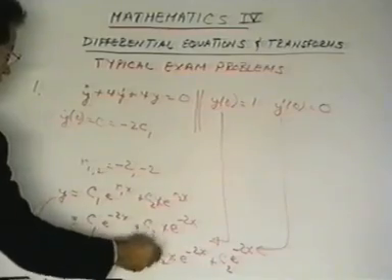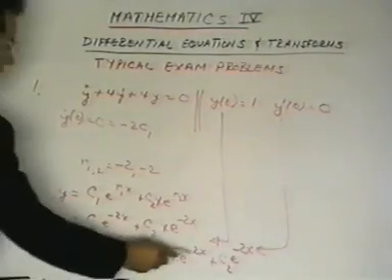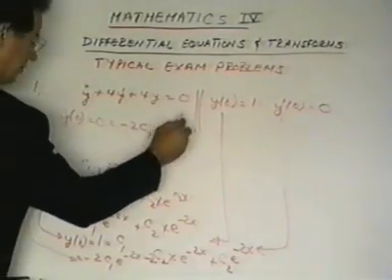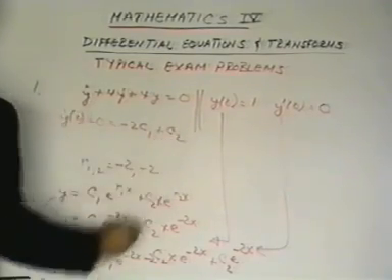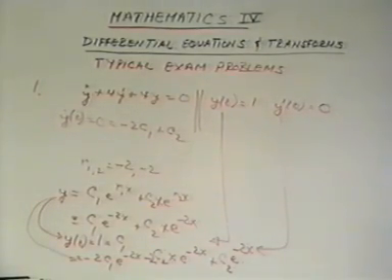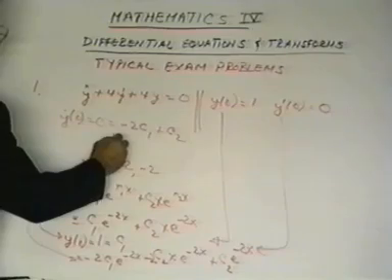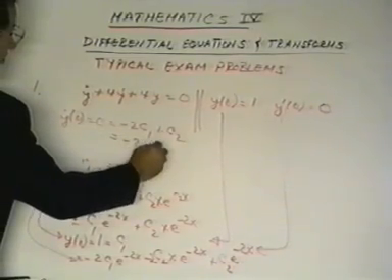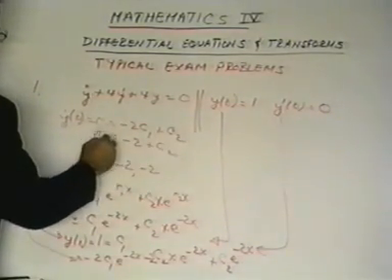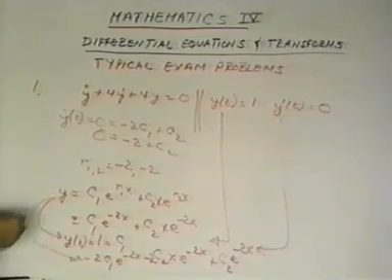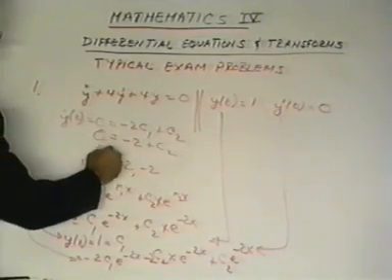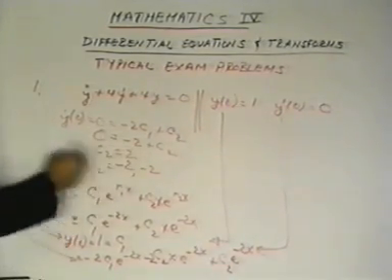This next term becomes 0 because of the times x, and the last term becomes plus c2. So I have that minus 2c1 plus c2 is equal to 0. Well, I already solved for c1. I know c1 is equal to 1. This becomes minus 2 plus c2 is equal to 0. Consequently, we see that c sub 2 is equal to 2.